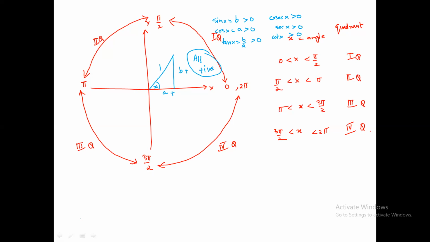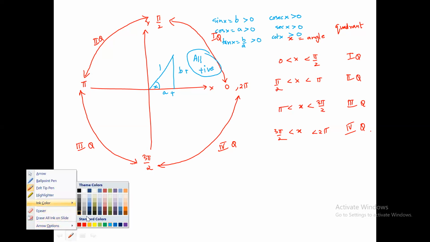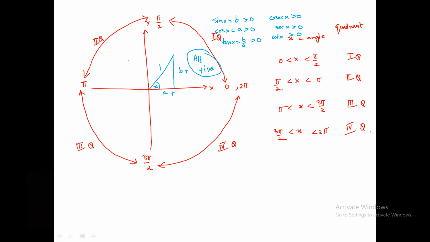Now, similarly, if you draw a triangle in the second quadrant, this is the x angle. Here A will be negative, but B will be positive, and we will take hypotenuse 1. So sin x is B by 1, which is positive. Cos x is A by 1, which will be negative.